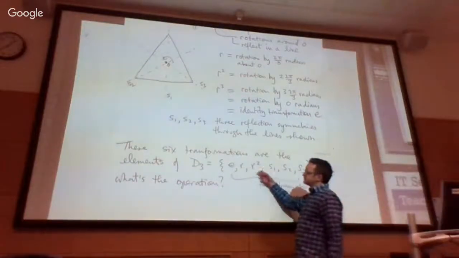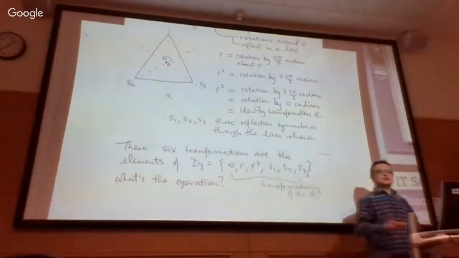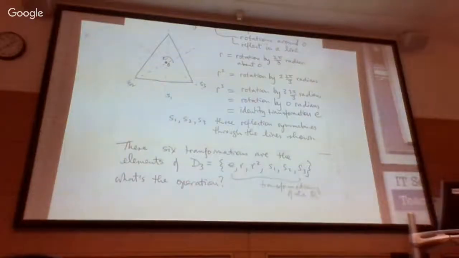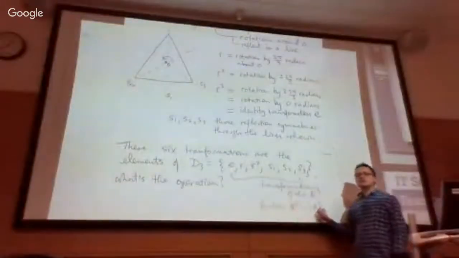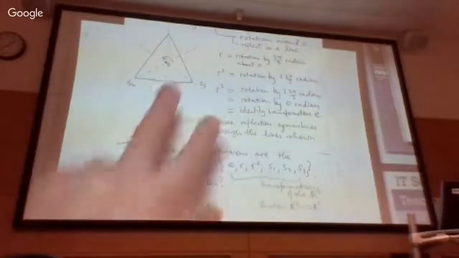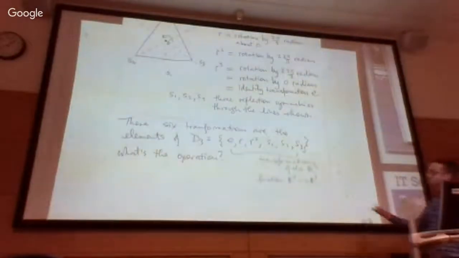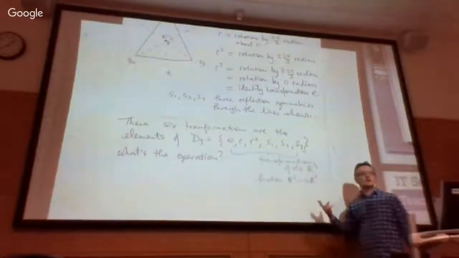So we don't add transformations together. They're transformations of R2, so they're really functions R2 to R2. You rotate the whole plane, it sends every point in R2 to another point of R2. You reflect the plane in a certain line, it sends every point, again, to a point in R2.